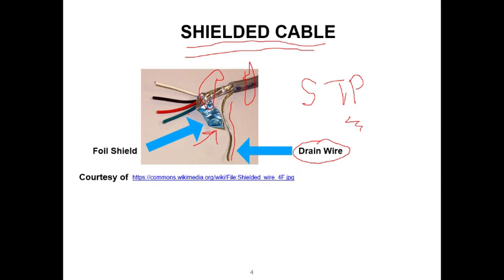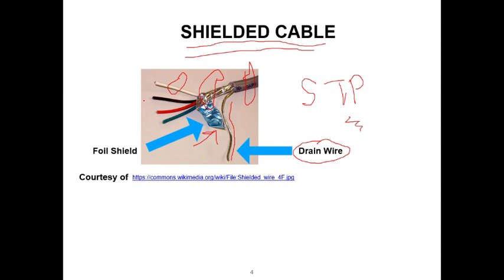Could be either one. So that's your basic shielded cable. It's also possible to get the conductors with individual shields for higher levels of noise immunity and eliminating crosstalk. That makes the cable bulkier and definitely more expensive, and it's not always necessary, but it is an option. Okay, so that's basic shielded cable.